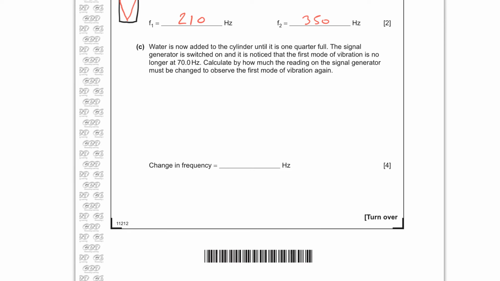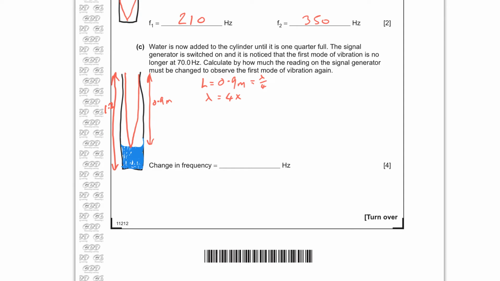We need to think about how deep it is. So if it's a quarter full and it's normally 1.2 meters, then the open space must be at 0.9 meters, 3/4 of that. So our quarter wavelength is now 0.9 meters.